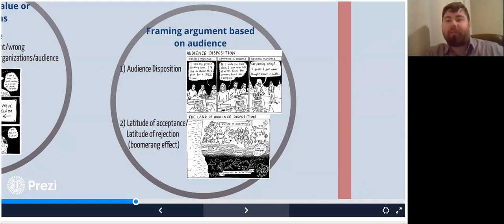And then the boomerang effect is when you go out there and say something that offends the audience, or that the audience stands against, and the audience is actually more against you for speaking. So you do your presentation, you communicate your ideas, and instead of the audience being more open to you and liking you more, they actually like you less.